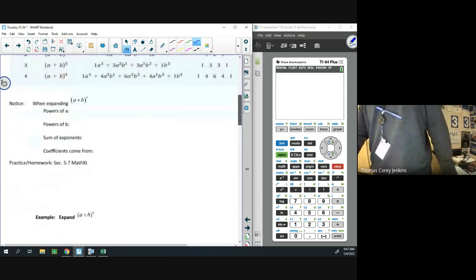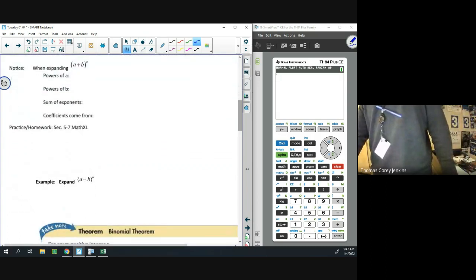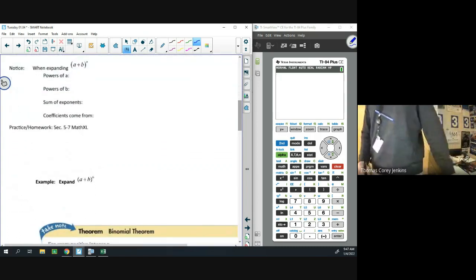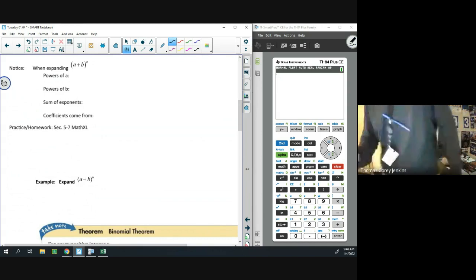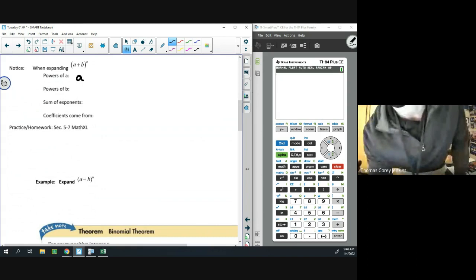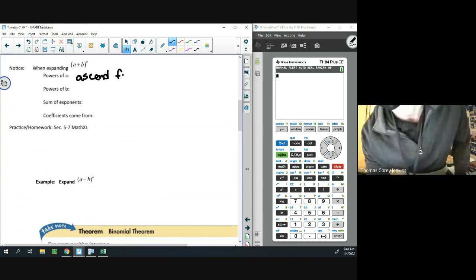Okay. So let's get into how it works when you're using the binomial theorem. This is at the bottom of page 1. It says when expanding (a + b)^n, powers of a, which is your lead term of your binomial, are going to ascend, meaning get bigger. Sorry, I did that wrong.